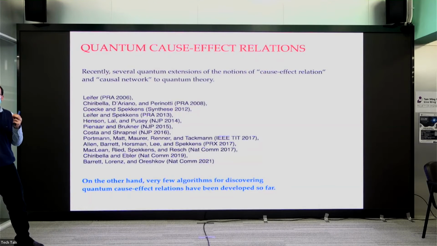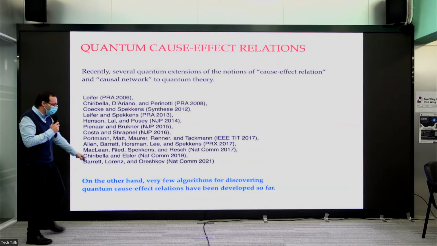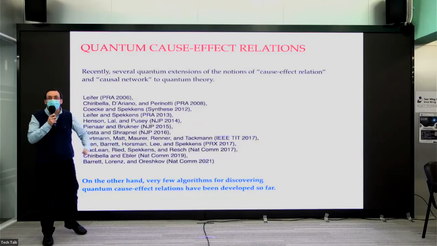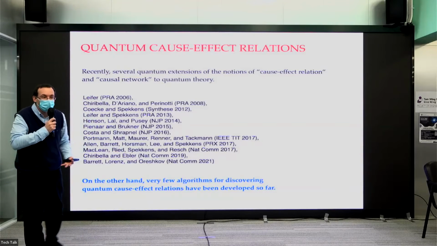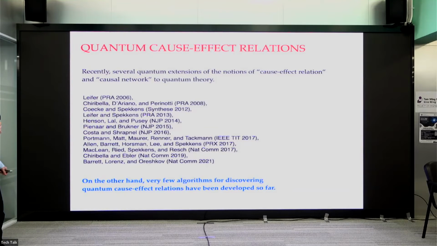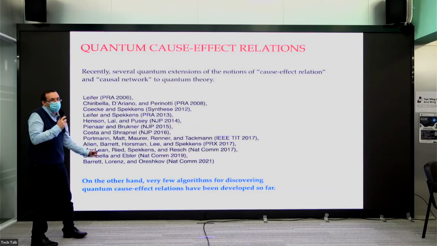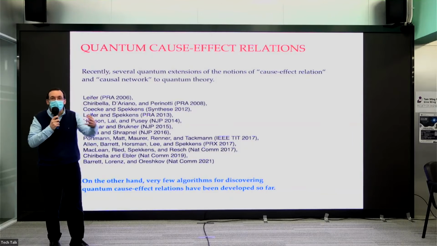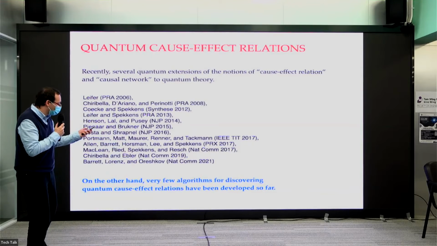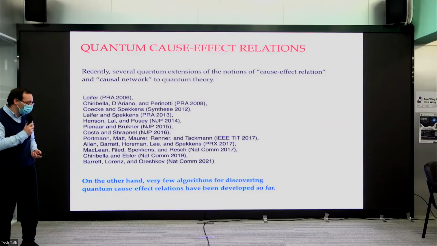On the other hand, what we don't have much nowadays are algorithms that do the job, that identify the cause-effect relationships with quantum systems. So there has been less development on the algorithmic side of this quantum causality research area.